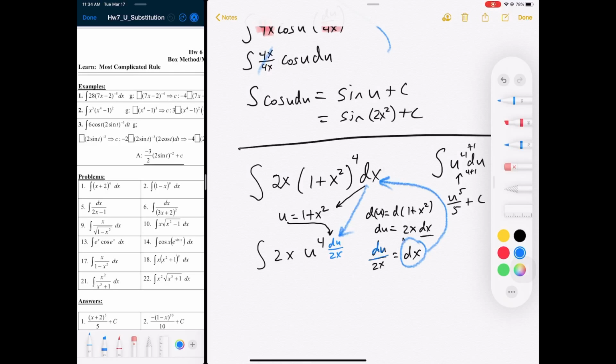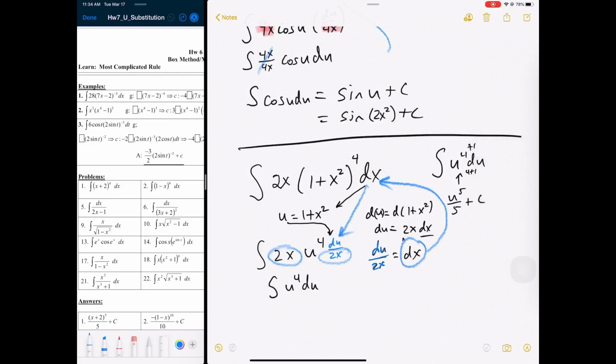And look what happens to this 2x and this 2x. They cancel out. We're left with the integral of u to the 4th du, which is what I was claiming. Now that's back to something that's easy, something that we've seen before.